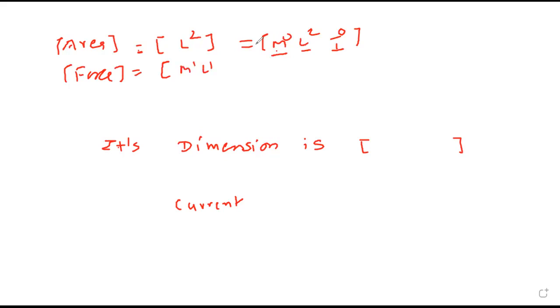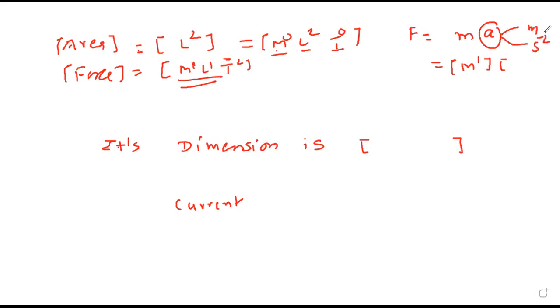Perfectly right. Either you know this or we will find it if we don't. If I don't remember, I will say force is mass into acceleration. When I see mass, I write in dimension M raised to 1. Acceleration is meter per second square, so meter means L1, per second square is T minus 2, which I will write as M1 L1 T minus 2. So there is one rule.